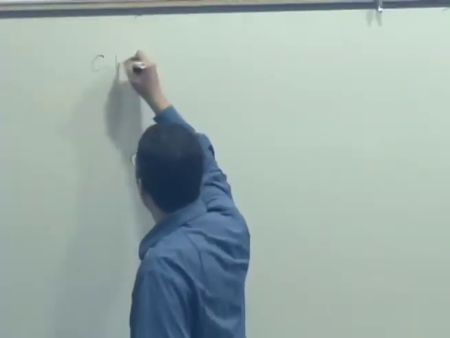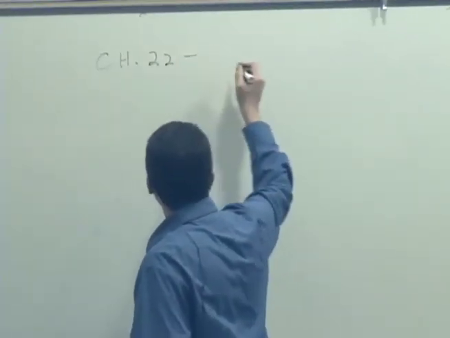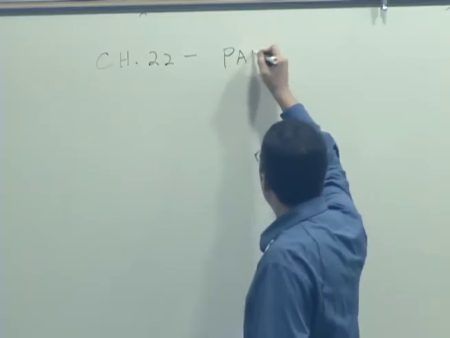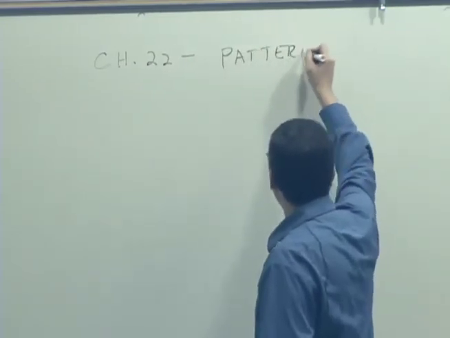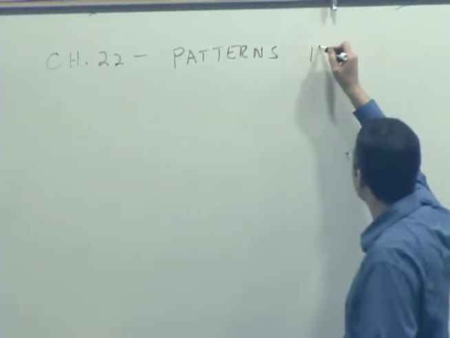Okay, so let's talk about this. Chapter 22 is dealing with patterns of electric and magnetic fields in space.